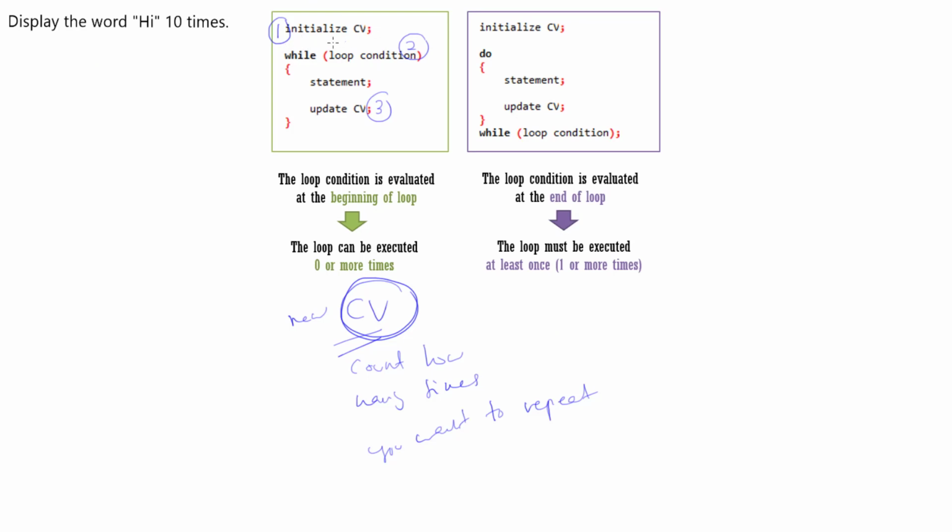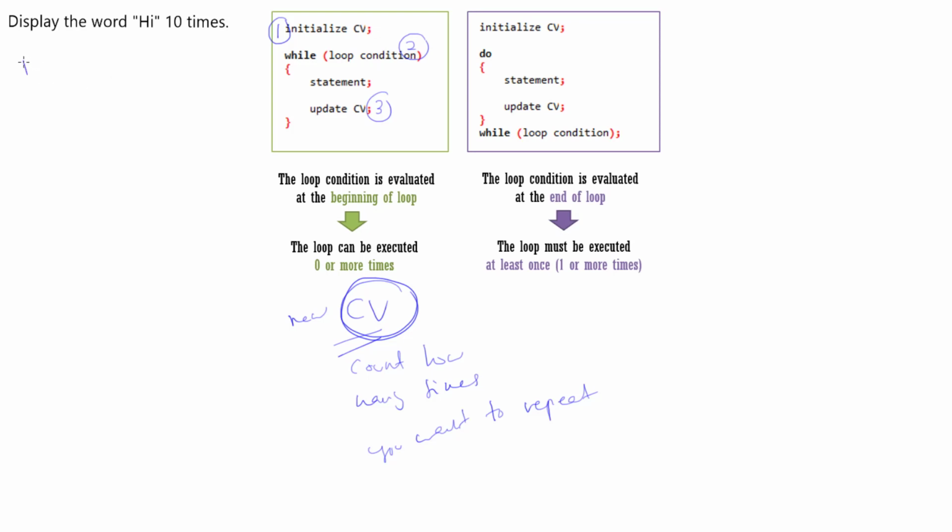The first thing we need is to initialize our control variable. You can name your counter variable or control variable as anything that you want. Let's say I name it Kira.